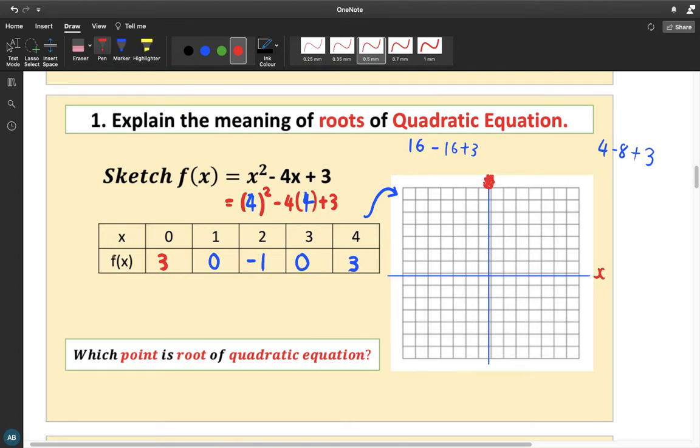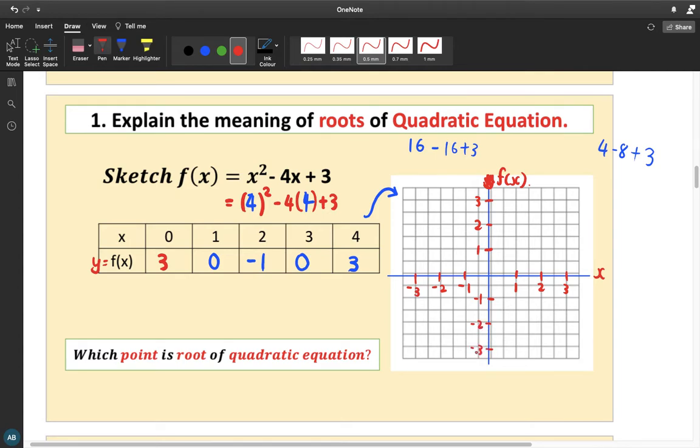Kalau korang macam blur f(x) ni apa, dia sebenarnya function dia sama juga macam y. So since dia kat sini f(x), kita tulislah f(x) di sini. Okay, so next we might want to label dulu. Sini adalah 1, sini adalah 2, sini adalah 3, -1, -2 dan -3. Lastly -1, -2 and -3.